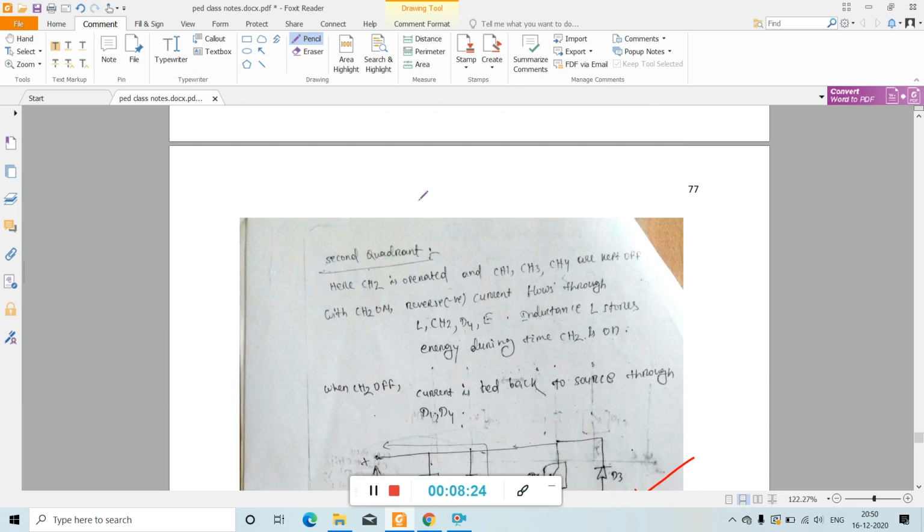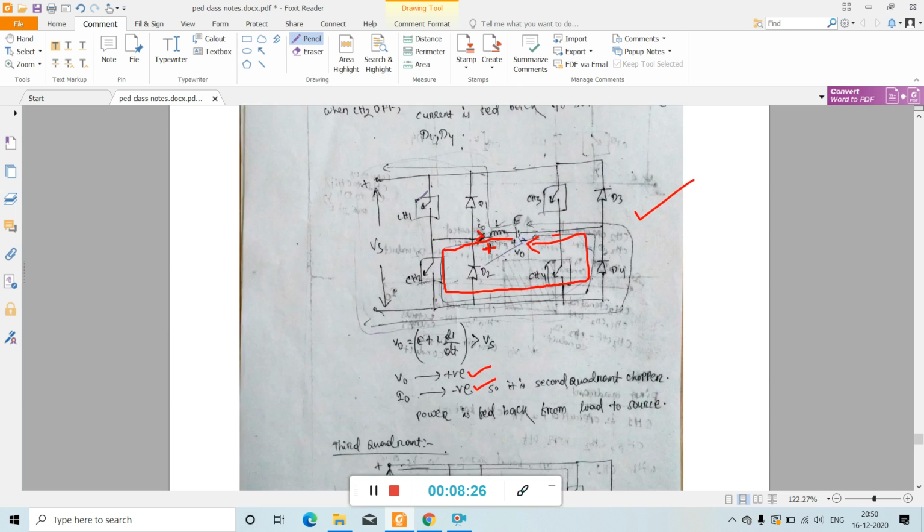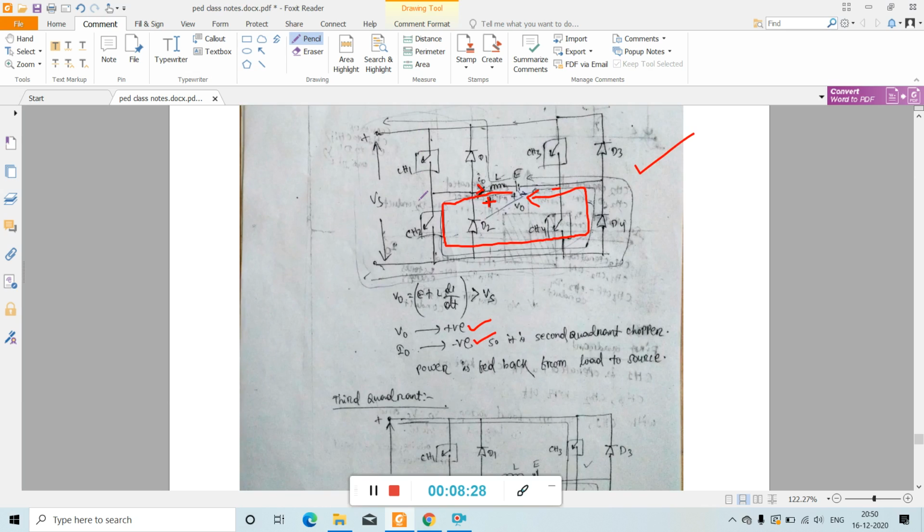And see what happens here. When chopper 2 is off, at that time current reverses back to the source; when the chopper is off, current is fed back from load to source through this path, through the diodes D1 and D4. So it feeds back to the source like this.